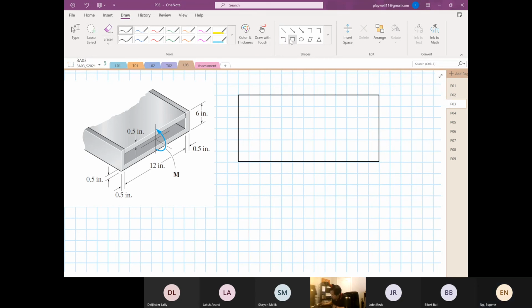Then bear with me. Then we're going to have this, and then we're going to have this. Okay, so this is my simple sketch.